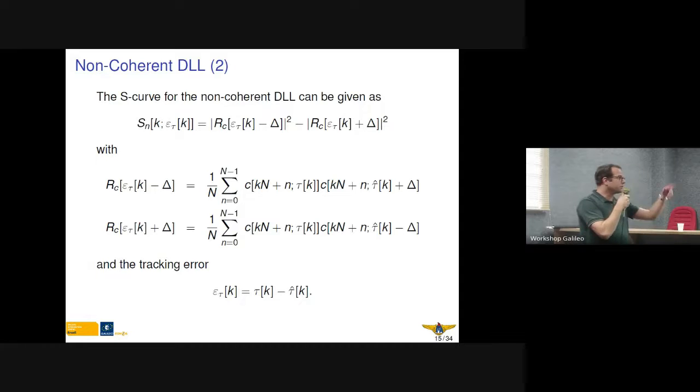And I told you that due to this mismatch of knowledge in the receiver and the signal that is transmitted, we have some biases that are called receiver biases in the literature, and that we have to correct. We can find some information from services that help us to correct this, or we have to estimate them together with positioning also. This is possible in a precise point positioning approach.